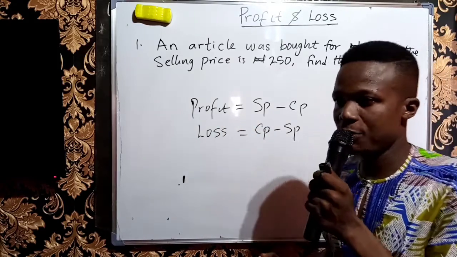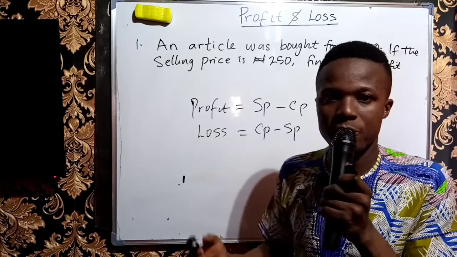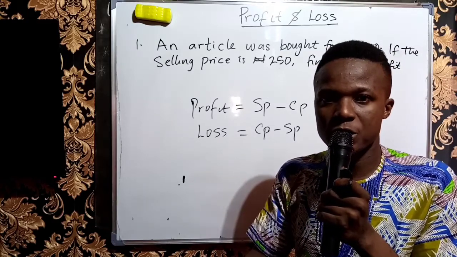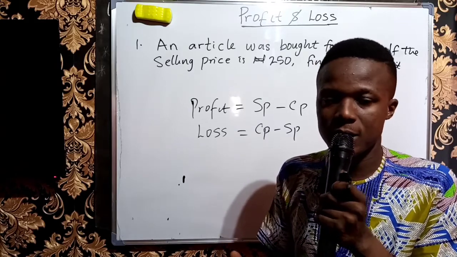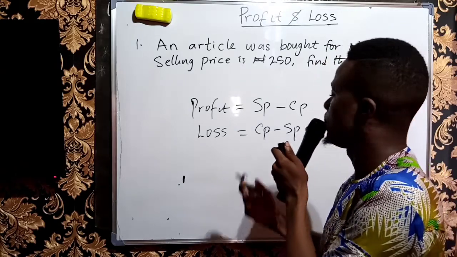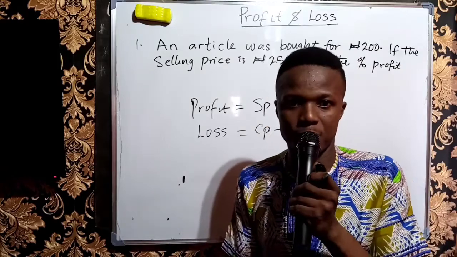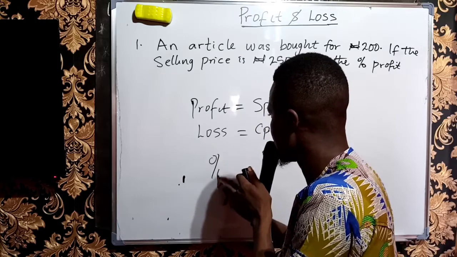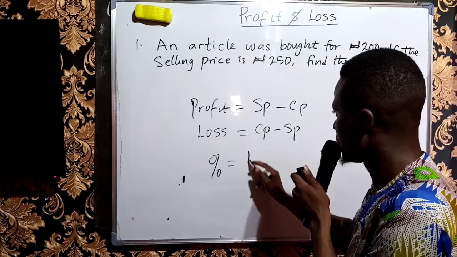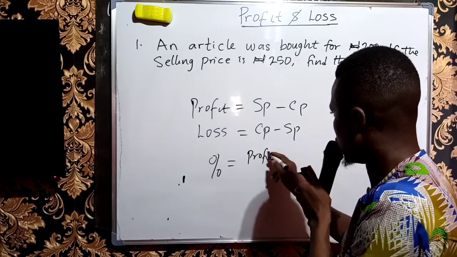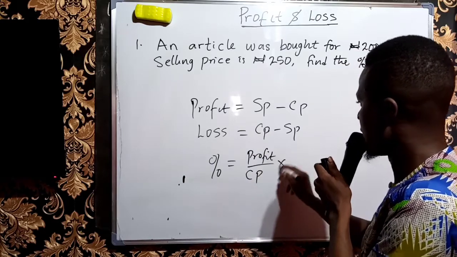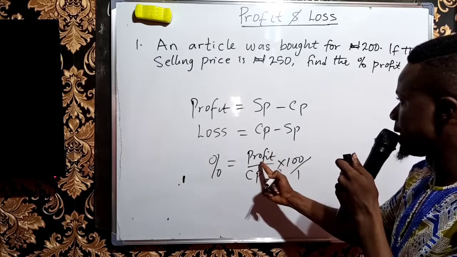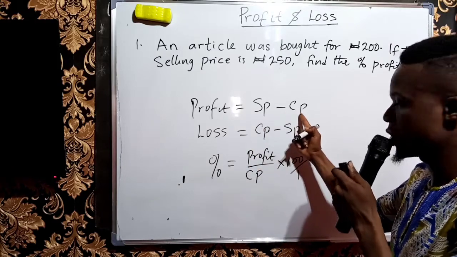Now, we don't only have profit and loss. Our loss and profit can be expressed as a percentage. So whenever you express your loss or profit as a percentage, you are now getting what we call percentage loss and profit. Hence, you are not wrong if you write that percentage profit is equivalent to profit over cost price times 100 over 1, or 100%, because profit is selling price minus cost price.